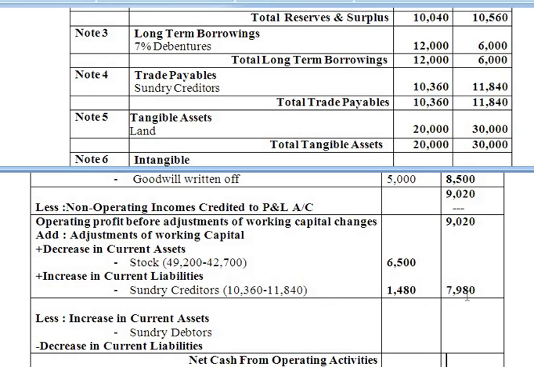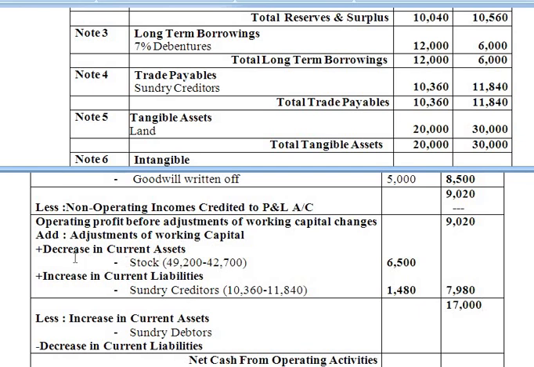Okay, now next what? Add this 7,980 to 9,020. So it will come to 17,000. From this 17,000 we need to deduct the increase in current assets and decrease in current liabilities, because we are doing the adjustment of working capital here.